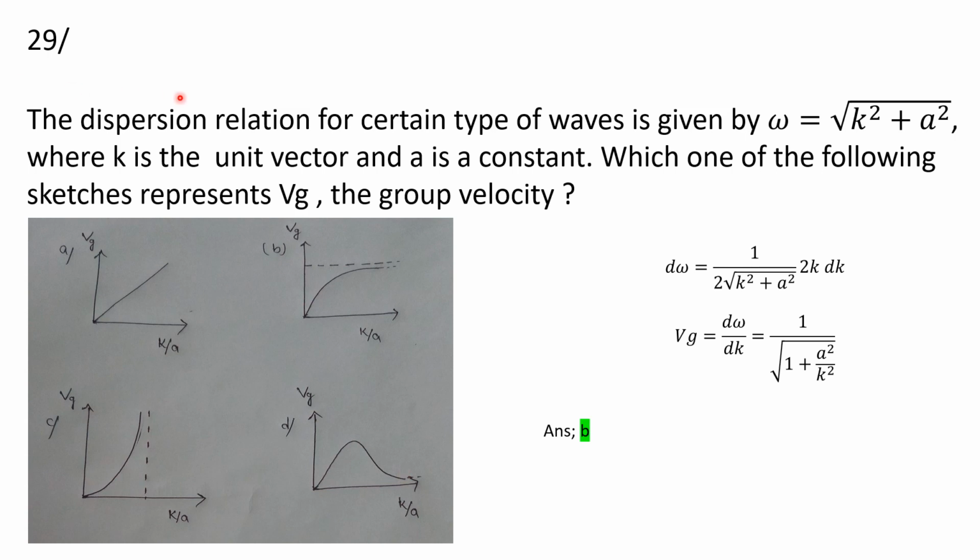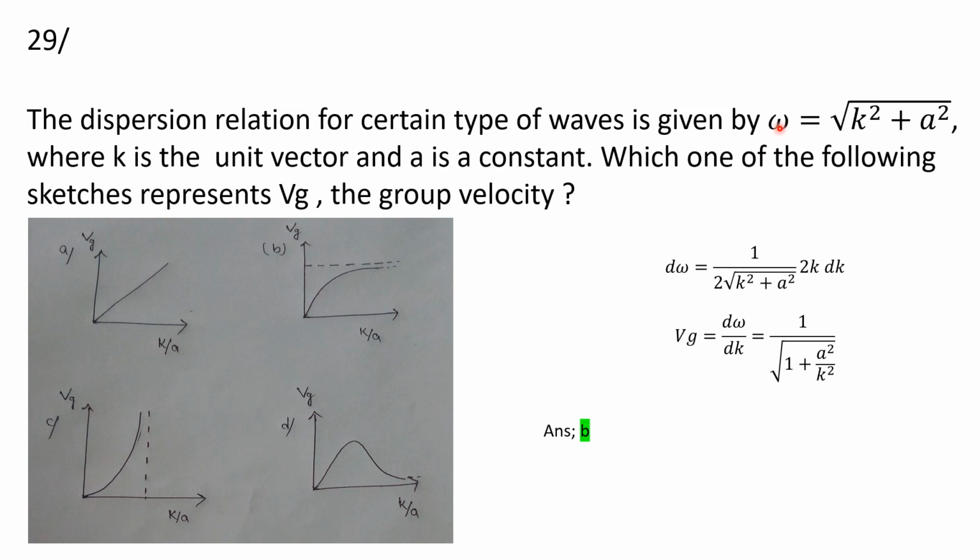Then the dispersion relation for a certain type of wave is given by omega is equal to root K square plus A square, where K is the wave vector and A is a constant. Which one of the following sketches represents Vg, that is the group velocity?